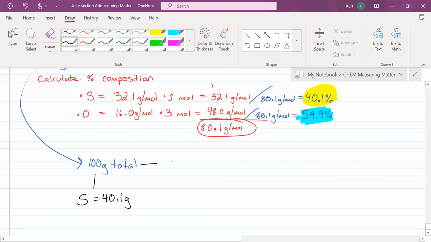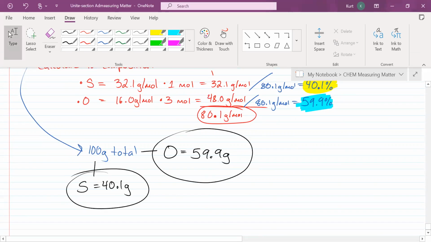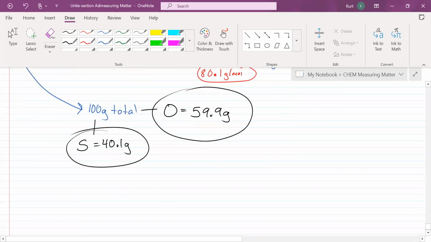That's basic algebra. Like Nick said earlier, it's 100 grams. It's easy. Just like 100%, 100 grams makes it very simple. So you have 59.9 grams of oxygen. You have 40.1 grams of sulfur. Okay, now, next step.